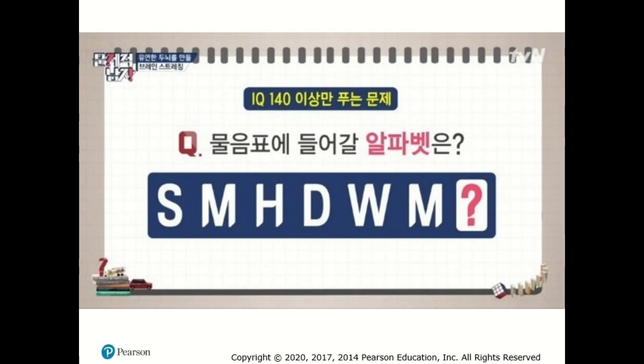So the alphabet that should be in that question mark is Y. Why? Because S second, M minute, H hour, D day, W week, M month, Y year. So, again, if you got this right, pat on your back. Awesome, brilliant.